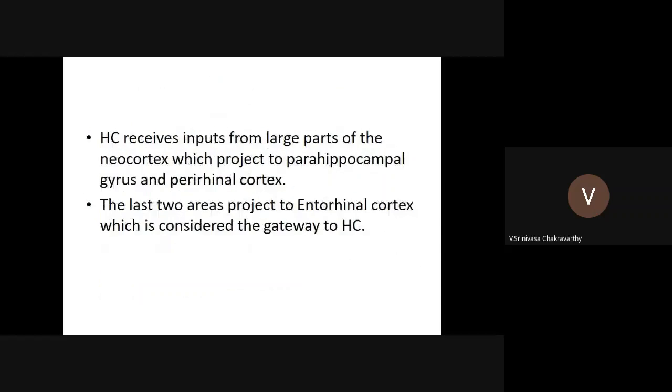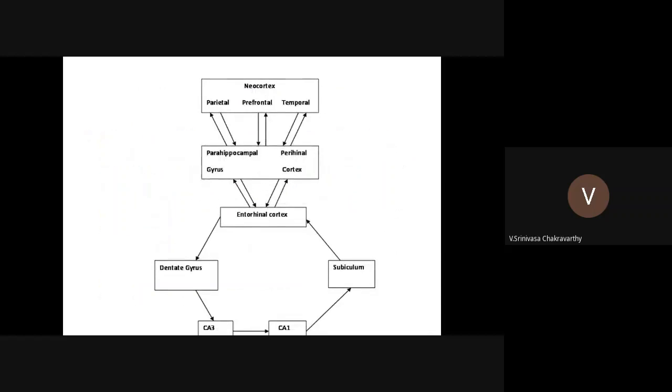So let's look at a little bit of anatomy here. How is the hippocampus located? Like I said, it's located inside the temporal lobe, but that's not very interesting. What is more important is the connectivity pattern: how is it connected to the rest of the brain? So this whole thing is the hippocampus, and it receives input from the cortex.